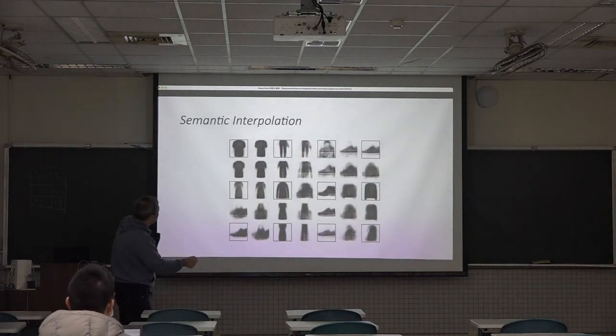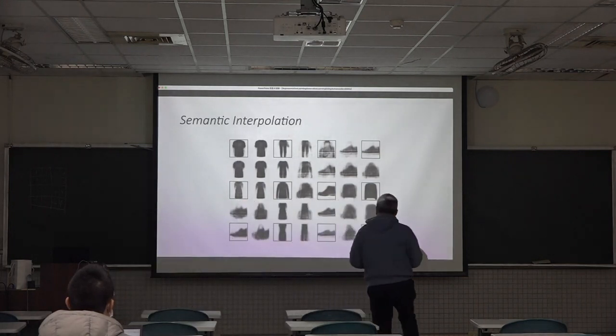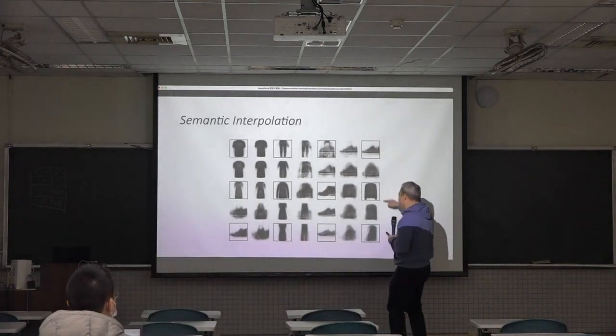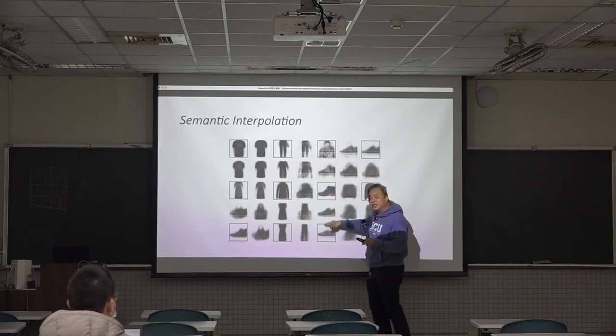And in between, we use an interpolation of these two vectors to generate this one. So you have a vector, and then use a generative model to generate this one. For example, these two are shoes, right? So the interpolated one is shoes. That's meaningful, right?